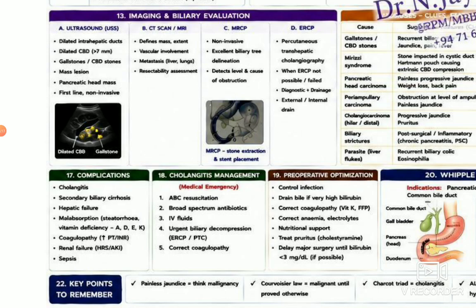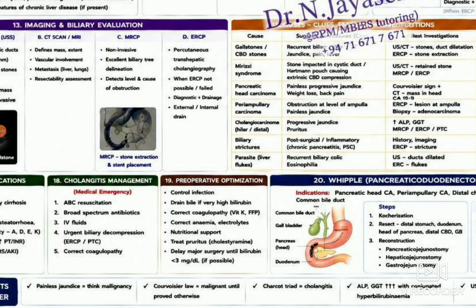So we go for biliary decompression. This is usually done by ERCP, sphincterotomy, stone extraction, or stenting. If ERCP is not possible, PTBD, percutaneous transhepatic biliary drainage, may be needed.